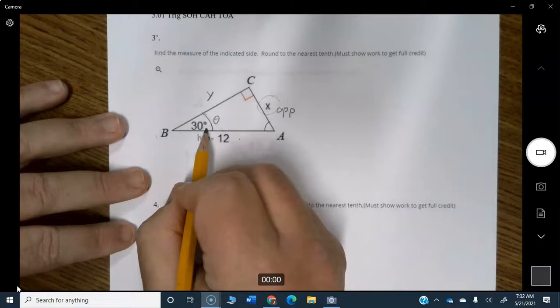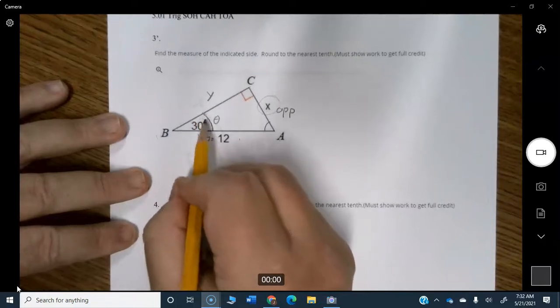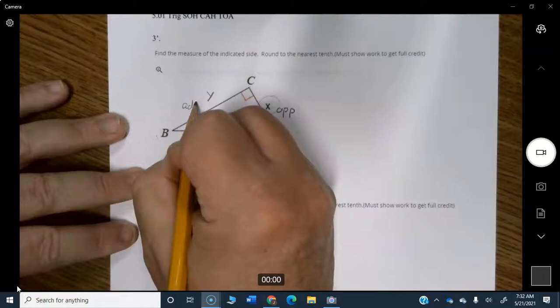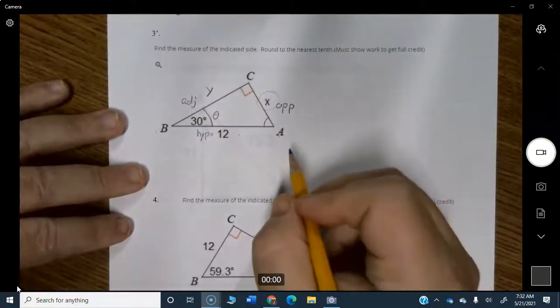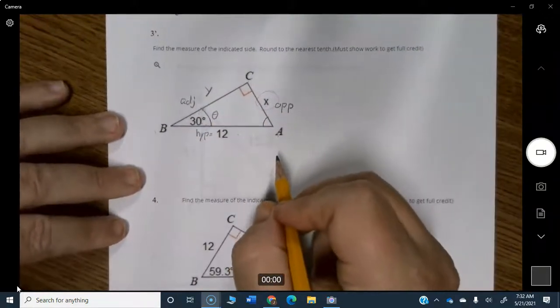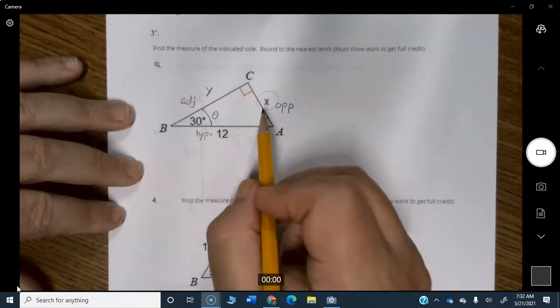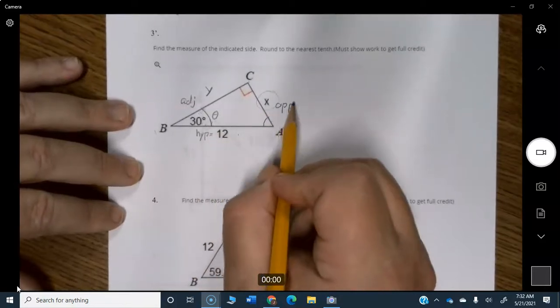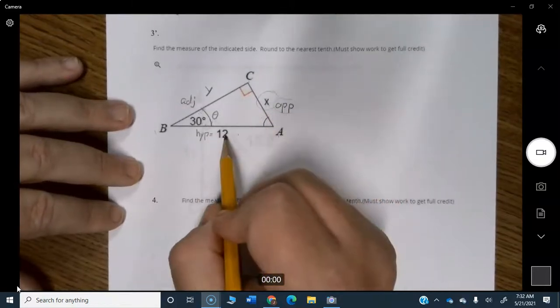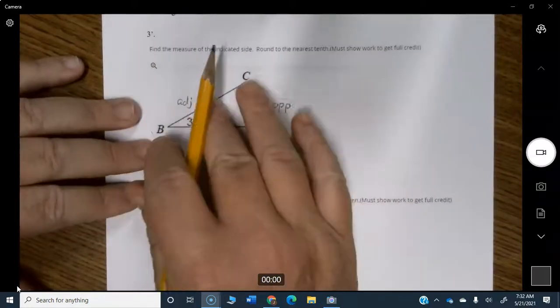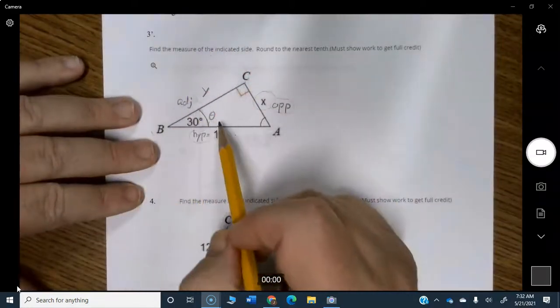And the other one that's next to the angle we're interested in is the adjacent. So you want to find a relationship for this angle that includes your unknown, which is x, that's the opposite, and your known, which is 12, that's the hypotenuse. We're not interested in y right now. Let's keep that off to the side.